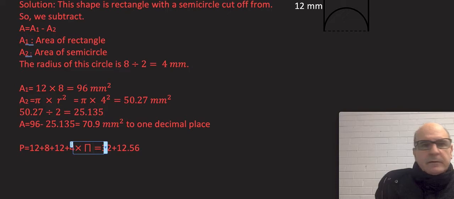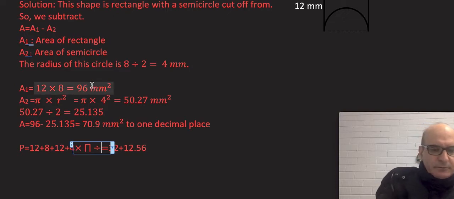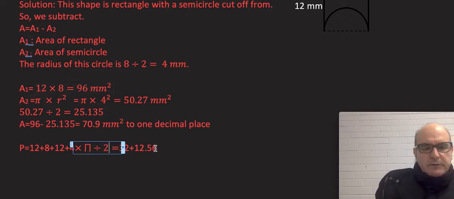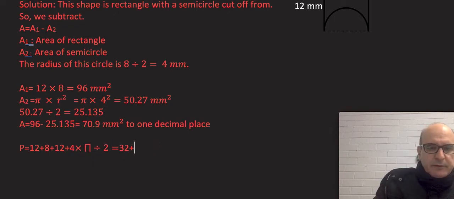So divide this by 2. Half of 12.56 will be 6.28. And that will give us 38.28, or 38.3 if I want to give it to one decimal place.